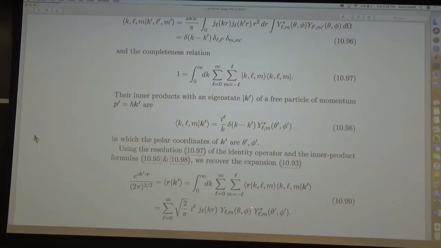This one gives you a Y_LM star. So what you get is j_l of kr and then Y_LM, Y_LM star summed over all L.